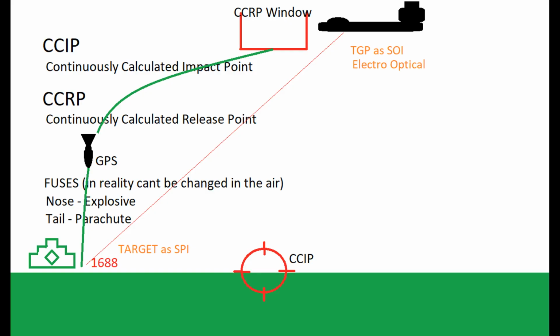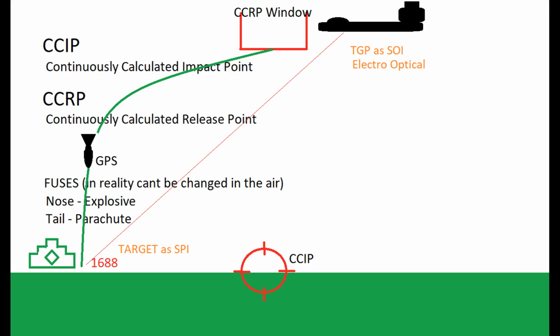Welcome back. So let's put all these layers together and finish up. So we've got CCIP, which is continuously calculated impact point, and CCRP, which is continuously calculated release point. Now the difference is we're calculating an impact point with CCIP, so it'll give you a little pipper calculating your airspeed, high altitude, angle, attitude, terrain data.